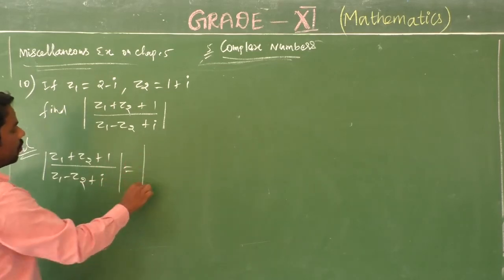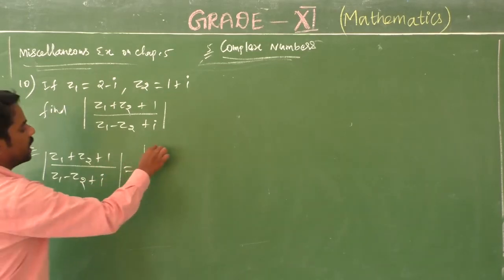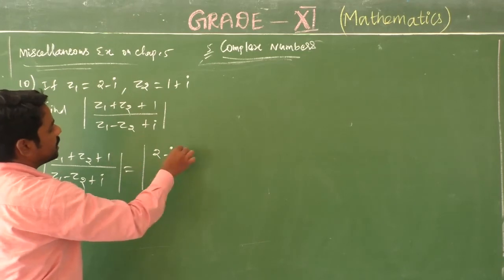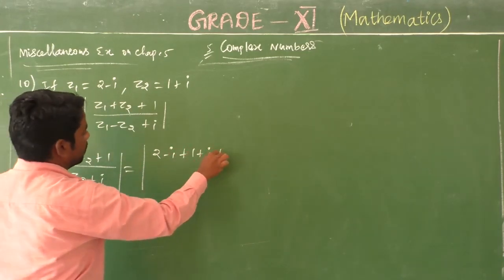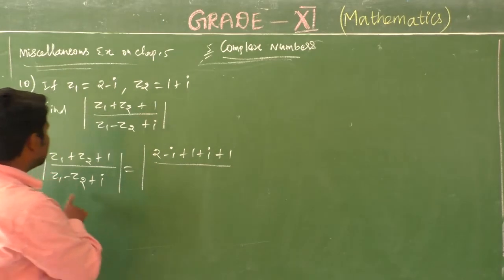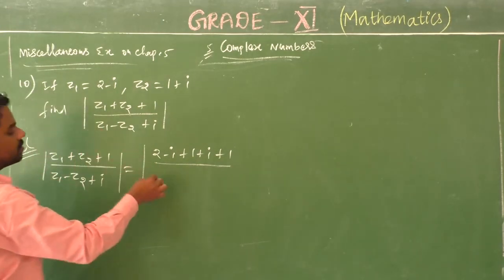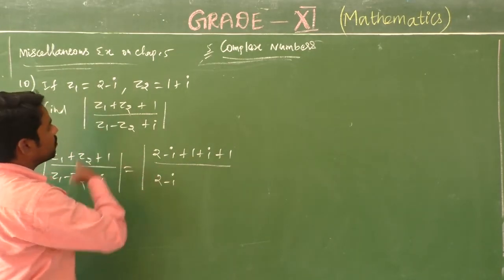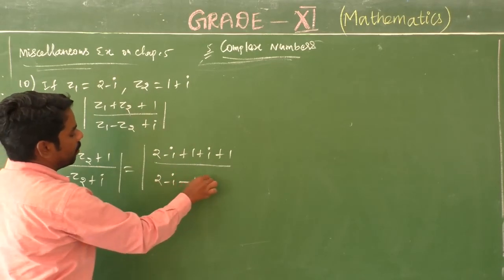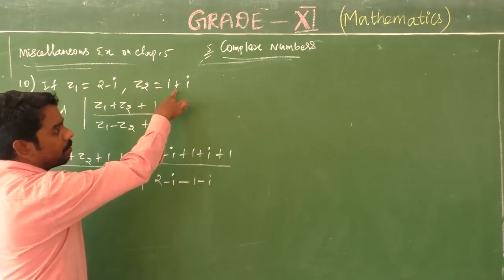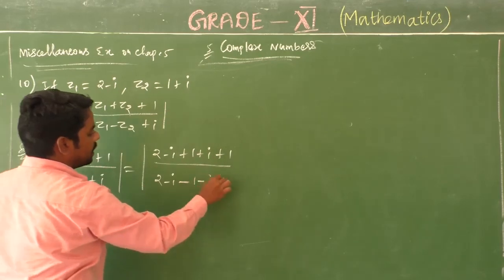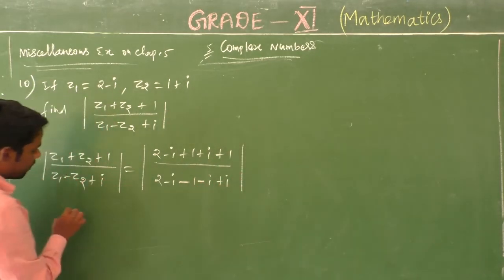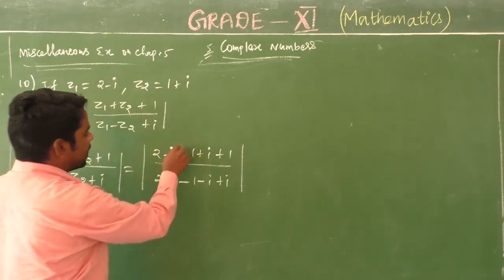So the modulus of (Z1 plus Z2 plus 1) divided by (Z1 minus Z2 plus i) is equal to the modulus of Z1 is 2 minus i and Z2 is 1 plus i, plus 1, divided by Z1 minus Z2. Here Z1 is 2 minus i, minus of Z2 is minus 1 minus i, plus i. Here minus i plus i cancel.